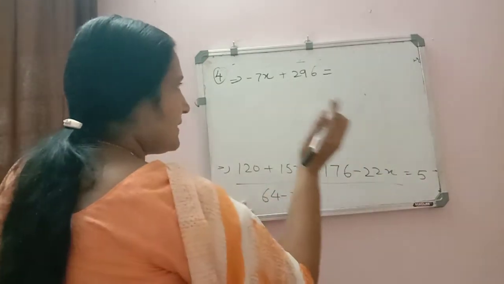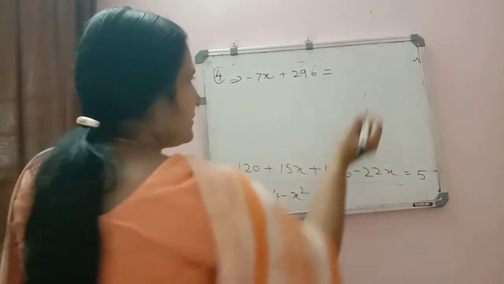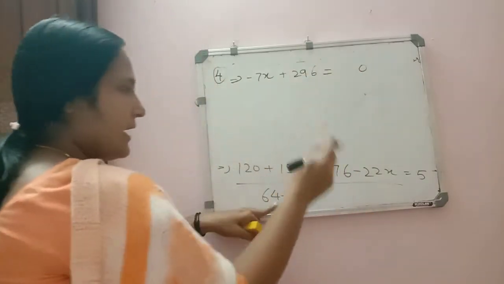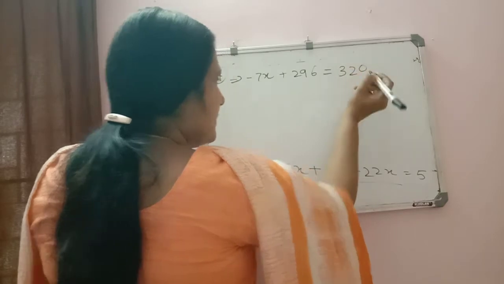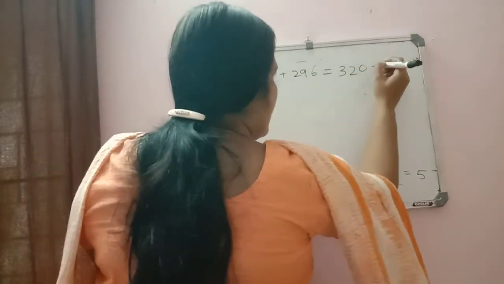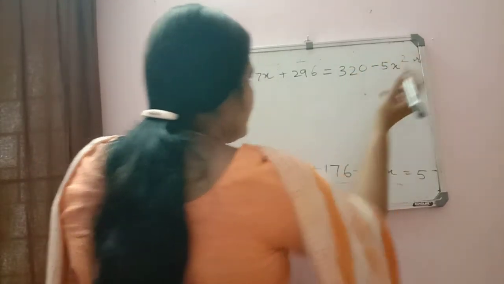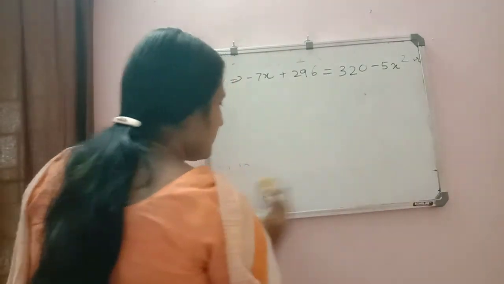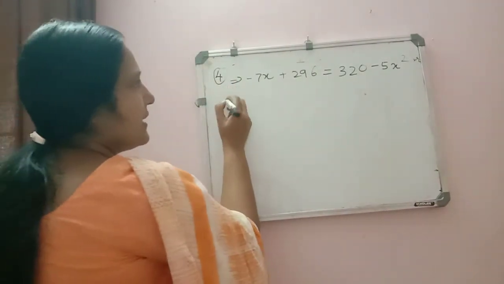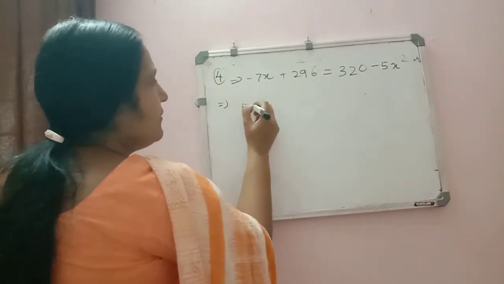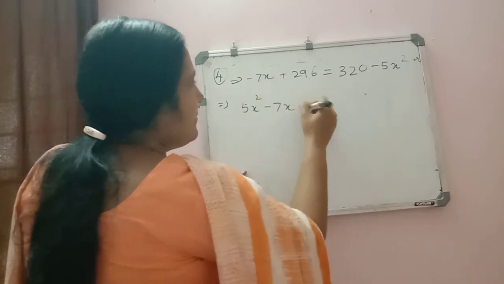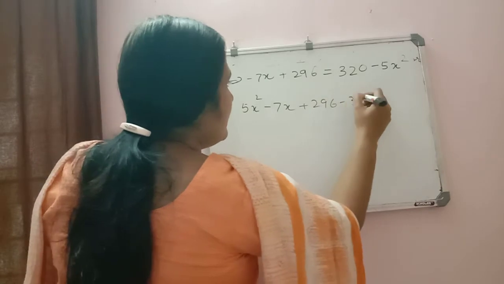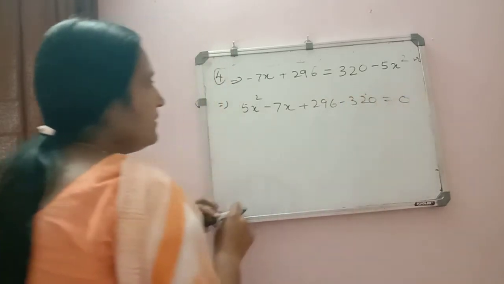So 64 multiplied by 5 will be equal to 320 minus 5x square. So we can shift all the expressions to the left hand side. It will be equal to 5x square minus 7x plus 296 minus 320 is equal to 0.